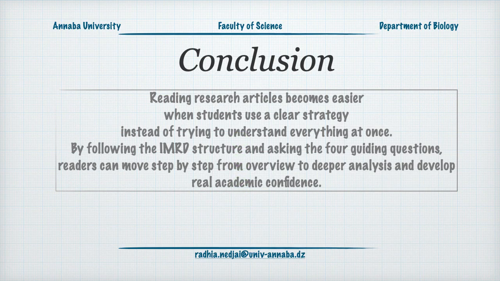In conclusion, reading scientific articles becomes easier when students use a clear strategy instead of trying to understand everything at once. By following the IMRA structure and asking guiding questions, readers can move step by step from overview to deeper analysis and develop real academic confidence.